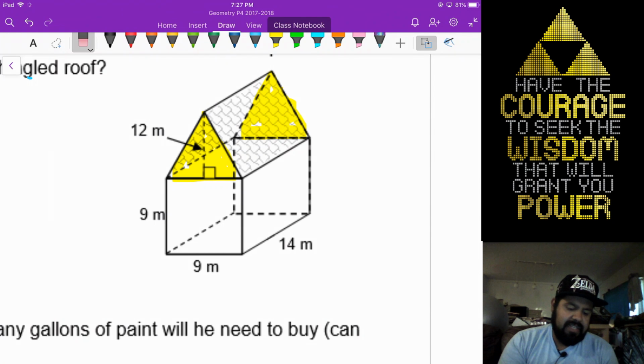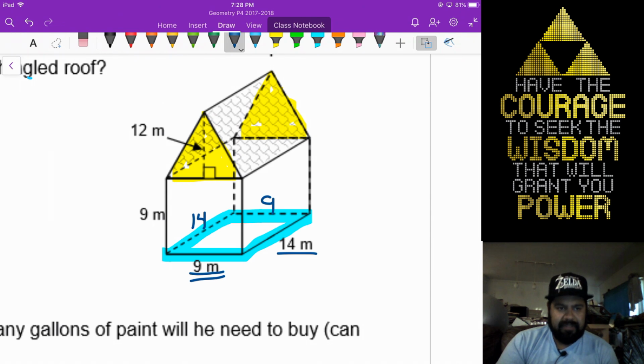So I'm going to need the perimeter of my base. I know for a fact that this 14 here translates to here. This 9 down here translates right there. So my perimeter for that, nice job, is going to be 9 plus 14 plus 9 plus 14.